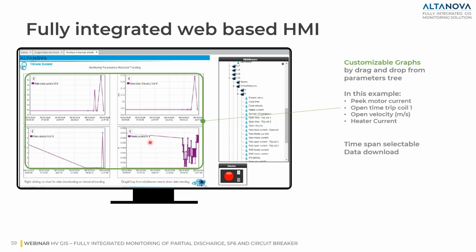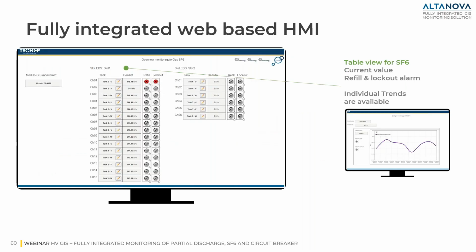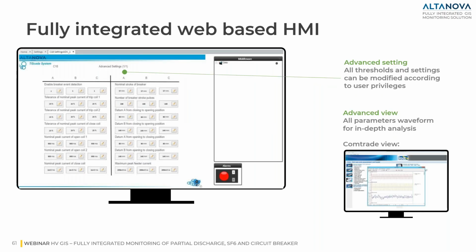You can have them for partial charge, SF6, and etc. Here you have the table view of the SF6 and the current value, the alarms, the first level and the second level of alarms for the SF6, the refill level, and the lockout alarms. And you can even visualize the trends, the individual trends for the SF6 sensor.